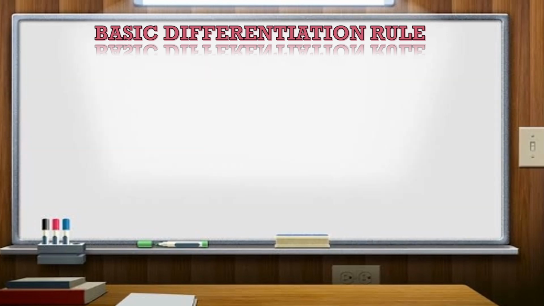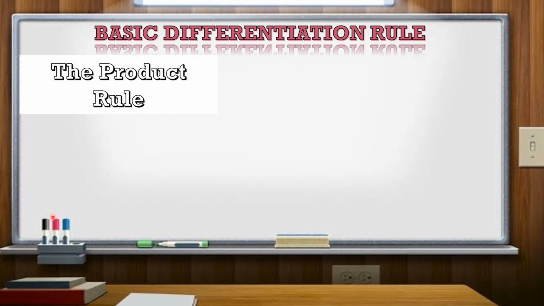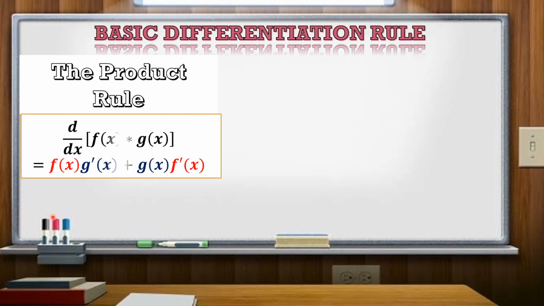Okay, dako naman tayo sa pinaka-complicated na part, which is the product rule versus the quotient rule. So sa product rule, so ito siya, we have the derivative of your two functions. To get the derivative of your two functions, that is simply get the first function multiplied by the derivative of your second function plus your second function multiplied by the derivative of your first function.